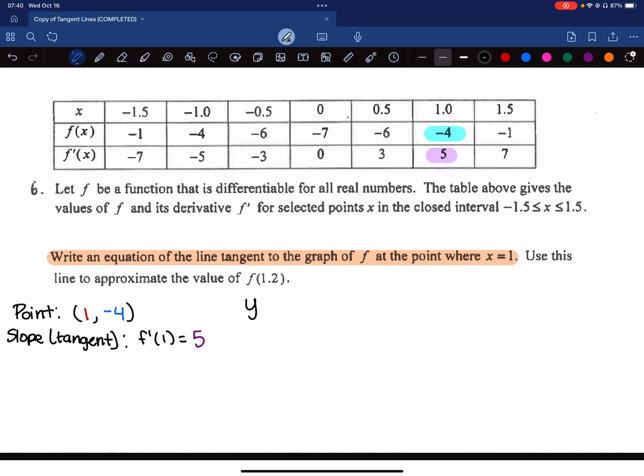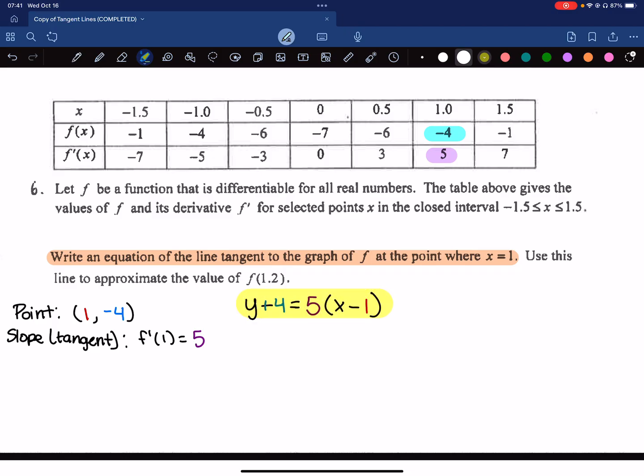So that would be y minus a negative 4 equal to 5 times x minus 1. That is the tangent line. So that is the first part of our answer.